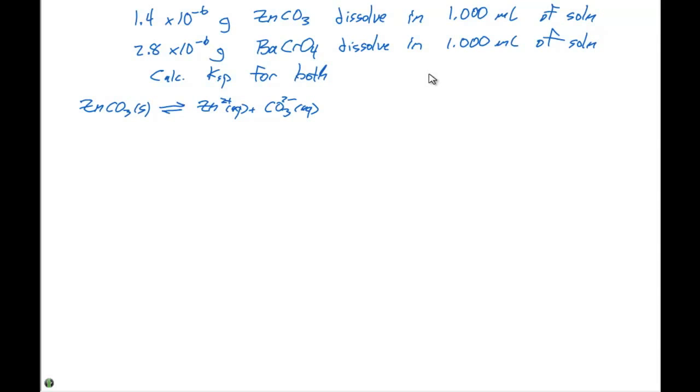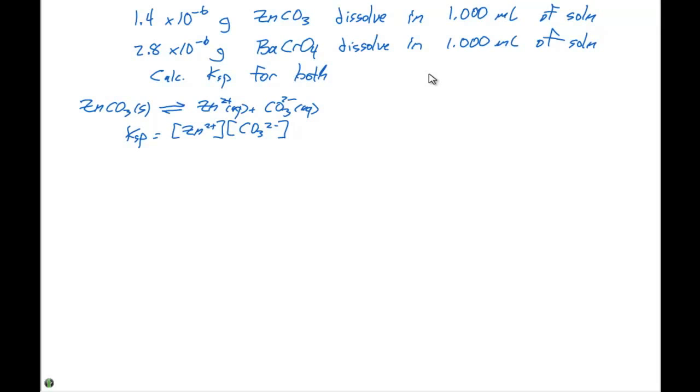The KSP for this expression is going to be the concentration of zinc 2 plus times the concentration of CO3 2 minus. These concentrations are in units of moles per liter, or molarity. So we have grams per milliliter, and we need to convert that to moles per liter.